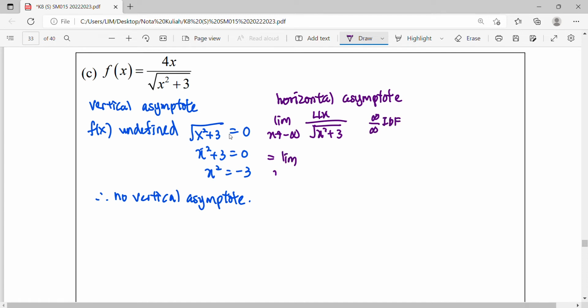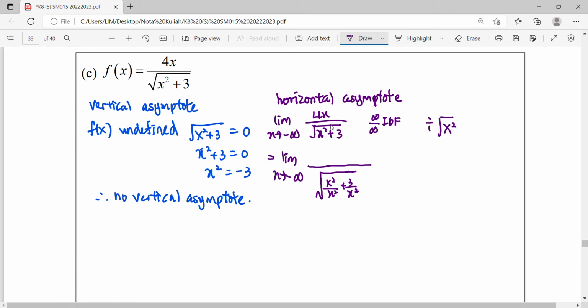How to simplify? We will divide according to the square root here. So for this function we're going to divide by square root x squared. For the denominator part, bolehlah kita buat sekali square root x squared macam ni.